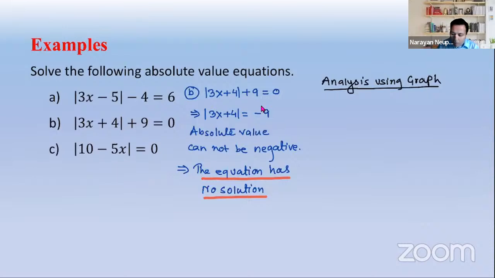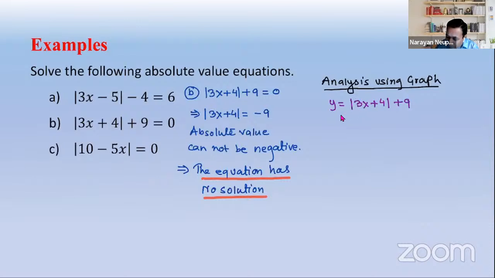So if you look at our primary equation there, we have y equal to the absolute value of 3x plus 4, and then if you bring that 9 on the left-hand side, we write plus 9. This is our equation. Now, you always have to factor out the value that is attached with x.